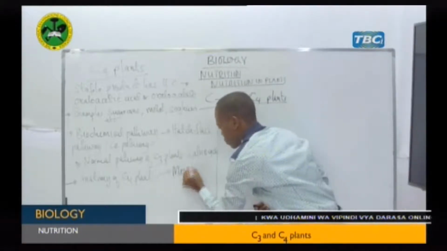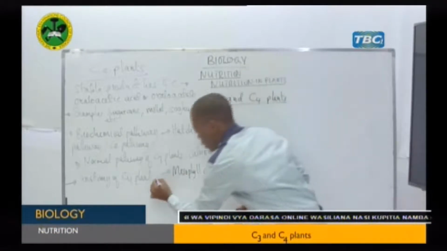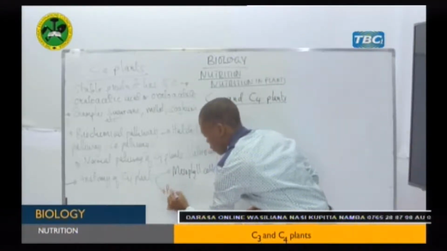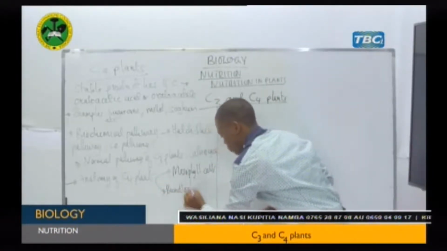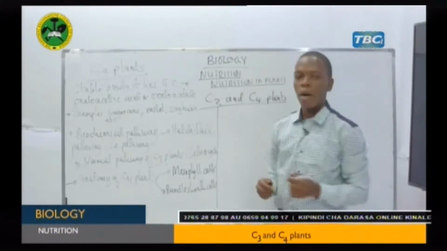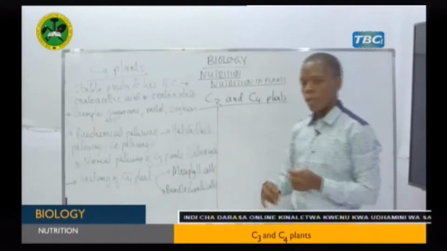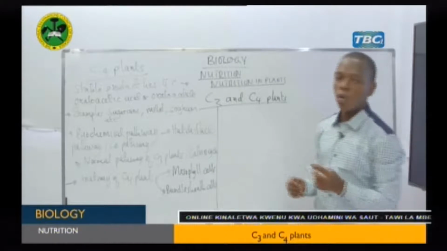Mesophyll and the bundle sheath cells. In these two types of cells, each cell has its own chloroplast.